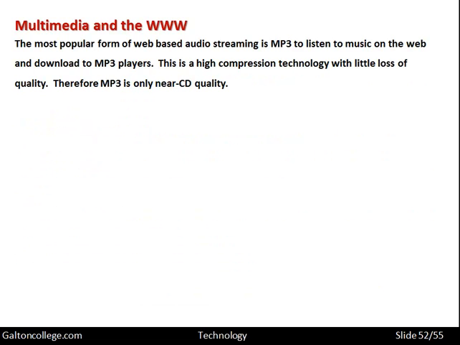The most popular form of web-based audio streaming is MP3, to listen to music on the web. And it's also downloaded to MP3 players. It's a high compression technology with little loss of quality. So it's almost what's called CD quality. It's almost the same as CD. There's very little loss in terms of quality, and it's compressed.